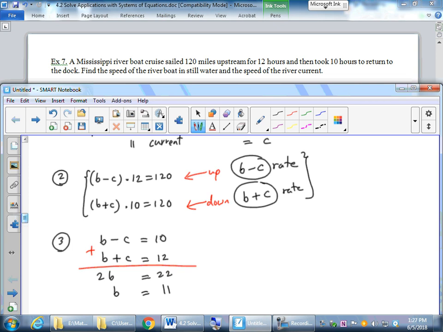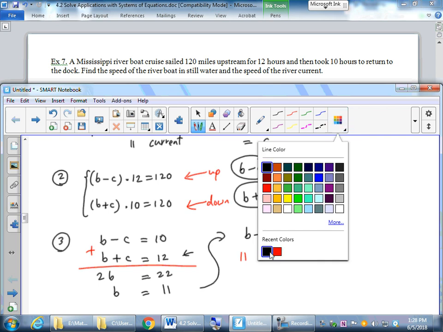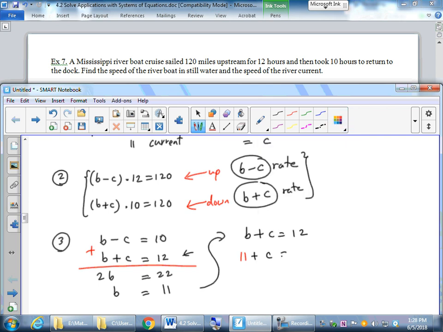The question is asking for both the speed of the boat and the current, so I have to continue solving for C. I can use B plus C equal to 12. My B is 11, so I substitute: 11 plus C equal to 12. So my C is equal to 1.